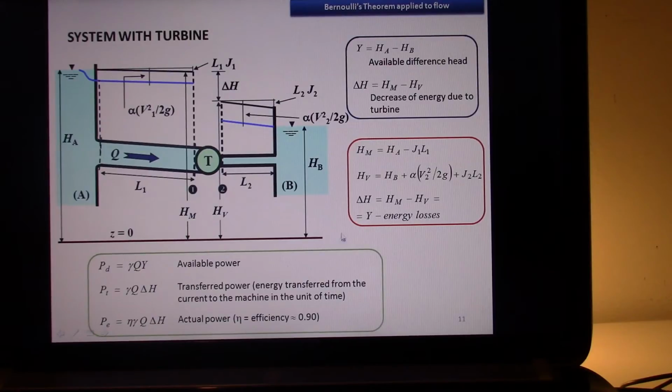All right, and then we can say we are right here. Once we have found the energy associated with your turbine, we can compute the transferred power.